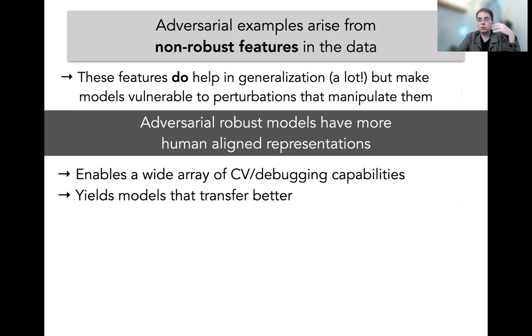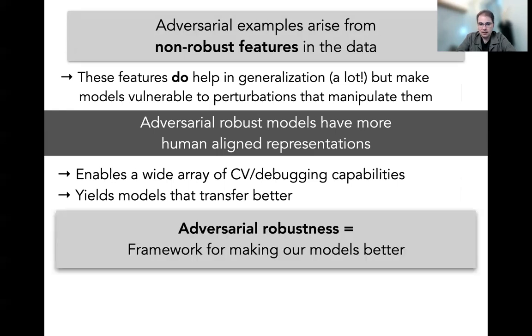It also allows you to make these models more useful across many different tasks, because we tend to try to transfer models between tasks that we as humans could transfer. So if the representations are more human aligned, they also seem to be more versatile when you ask them to transfer between such tasks.